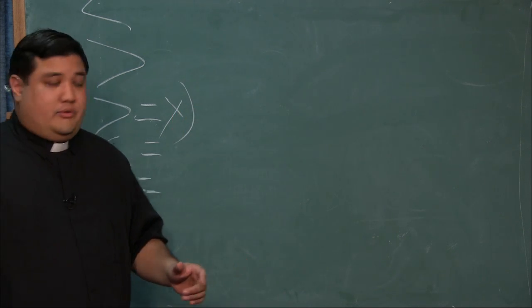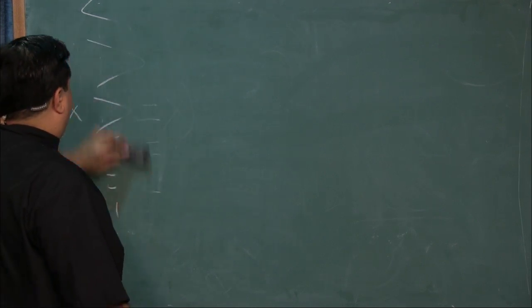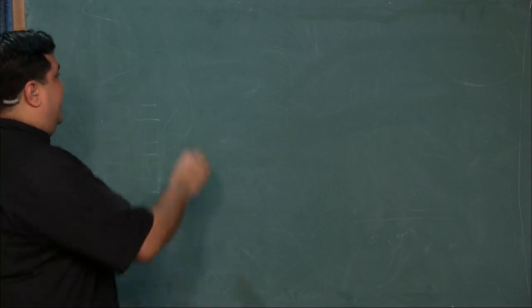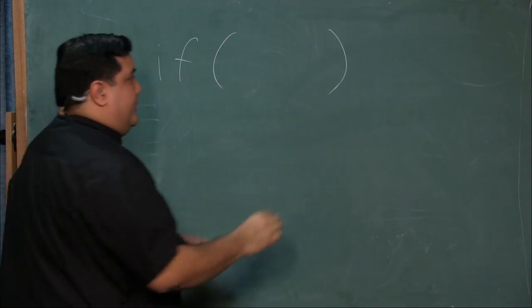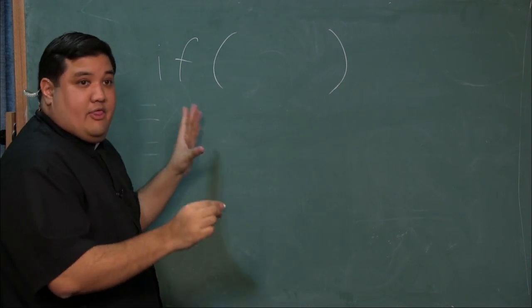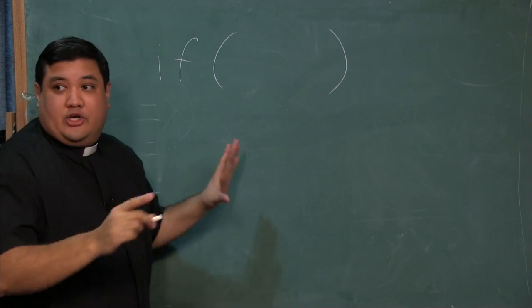Let's visualize what this looks like. Again, this is pseudocode. Don't try to put this directly into your compiler, otherwise it will explode and you'll be mad at me. It looks something like this: if, and we've got a condition, then this. Whatever I write down here, it's going to go ahead and write it.